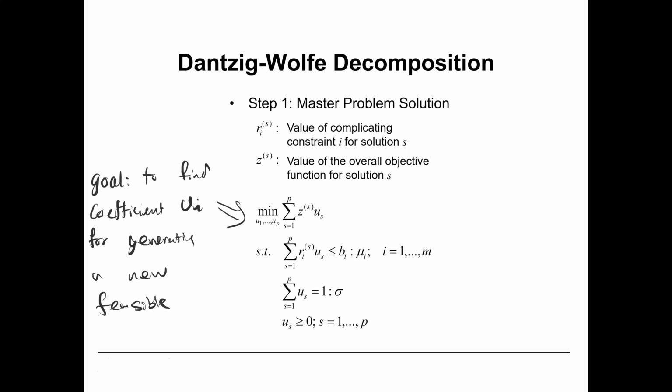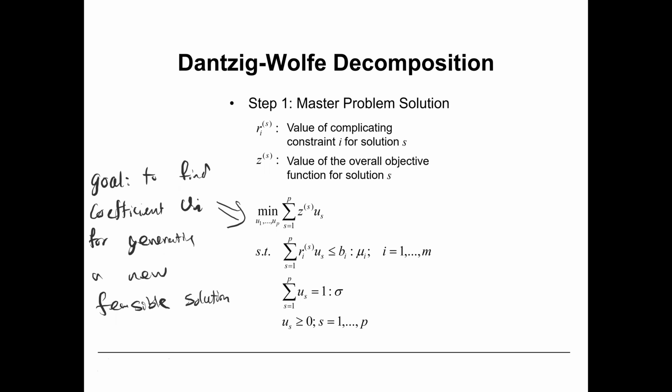But this is not any random feasible solution, right? This is a feasible solution which is aligned with moving towards the optimal value of the objective function. I'm going to share a link to the book by Dantzig and Wolfe that explains all of the theories behind why this is working, because it has all proven theorems that show why this is converging to the optimal solution.